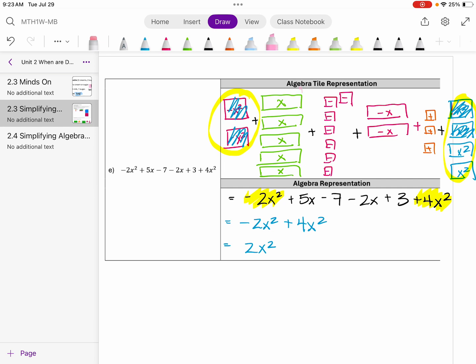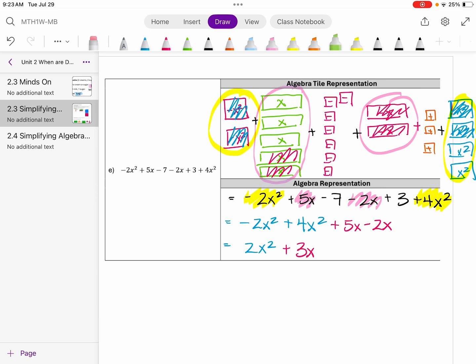Continue to find like terms. I've got my 5x's and my negative 2x's. So I've got plus 5x minus 2x. And if I cancel out my 0 terms, then I'm left with 3x.